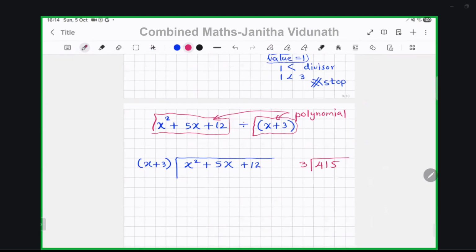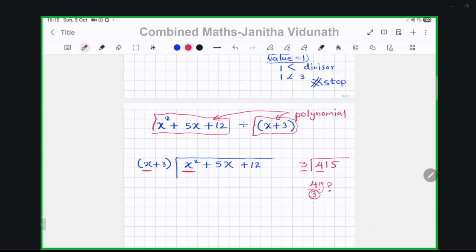Okay. Here first we compare these two numbers, 4 over 3, and find how many threes are inside the 4. Similarly, we compare the leading term of the dividend and the leading term of the divisor.